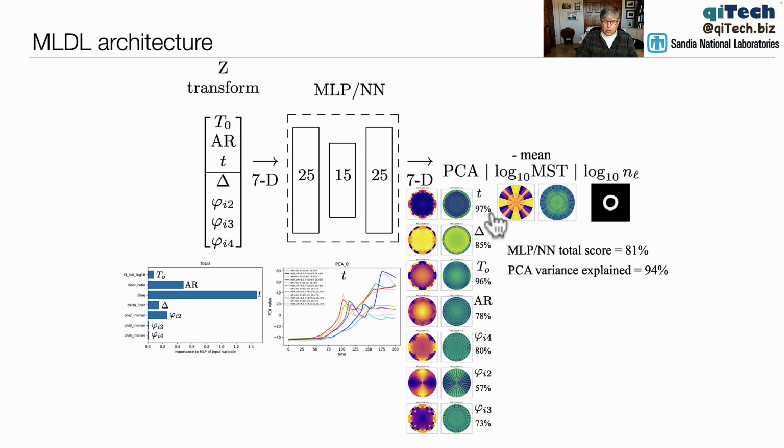The linear correlation coefficient of the predicted versus actual are shown next to each principal component. These range from a high of about 97% to a low of 57%, with the average correlation of all the components being a very acceptable 81%.